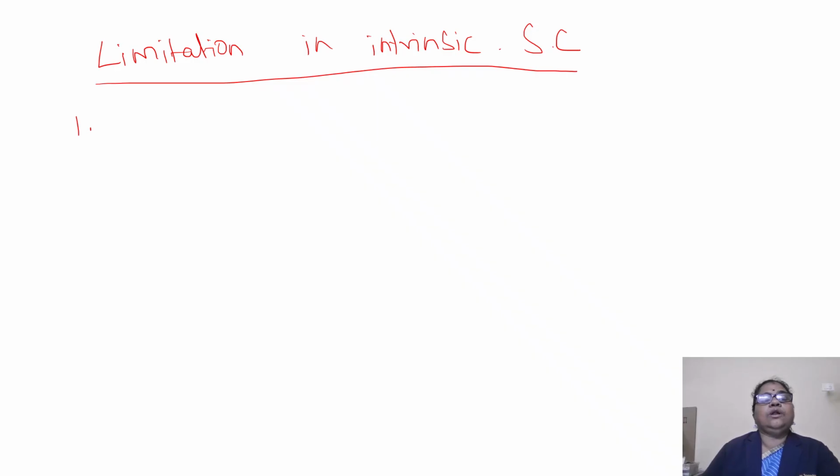By increasing the temperature, we can shift the Fermi energy level. But when we consider the electrical conductivity of an intrinsic semiconductor, we can have only a very low value.